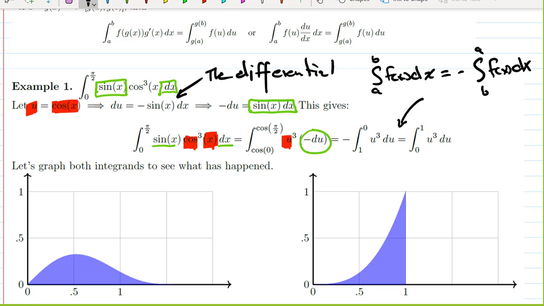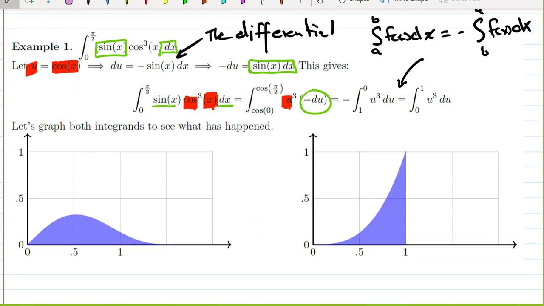So when we started, we knew that the definite integral was the area underneath the curve. So if we graph sine x times cosine x from 0 to pi over 2, that's going to be this picture right here. That's the area underneath the curve in that picture. Well, after we change our limits of integration, we now have the new integral from 0 to 1 of u cubed du. These two graphs have the same area under the curve.